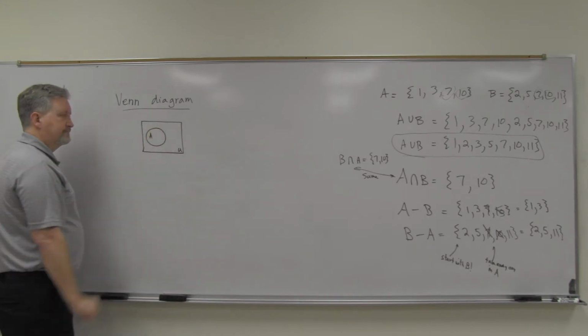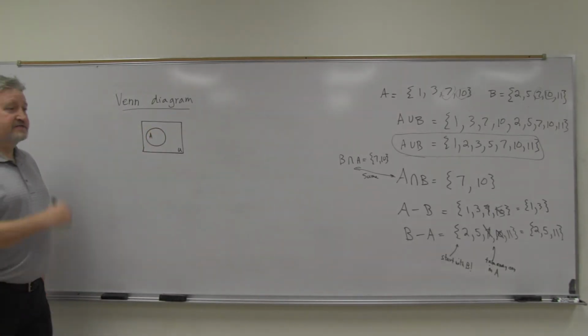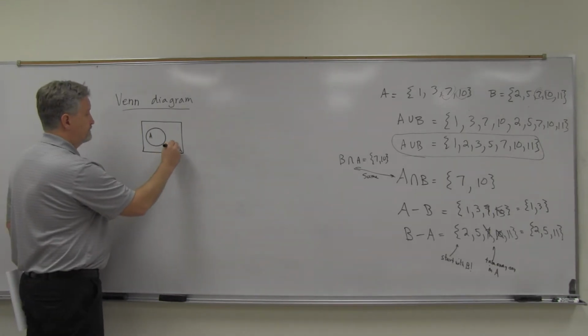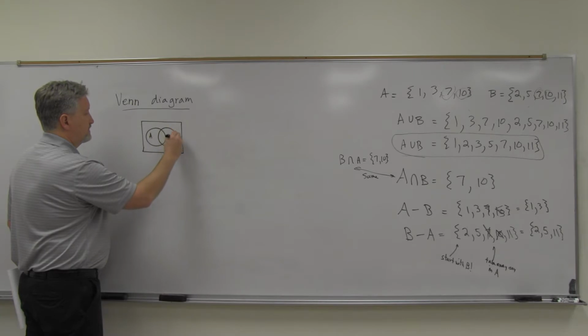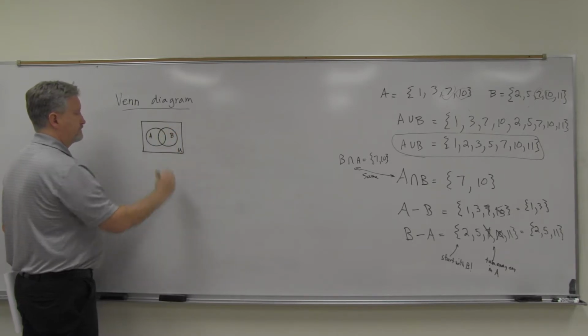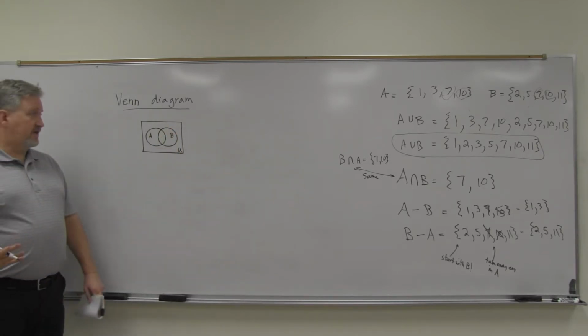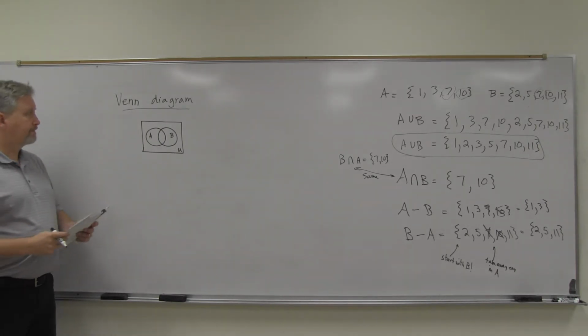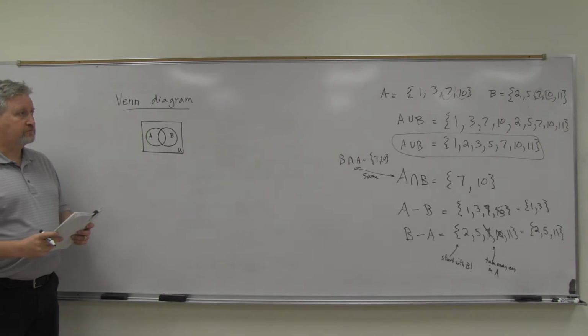So set A would be a circle, set B would be a circle. Now, sometimes there's overlap, so we usually draw them interlocking like that. So this is what's called a two-set Venn diagram.